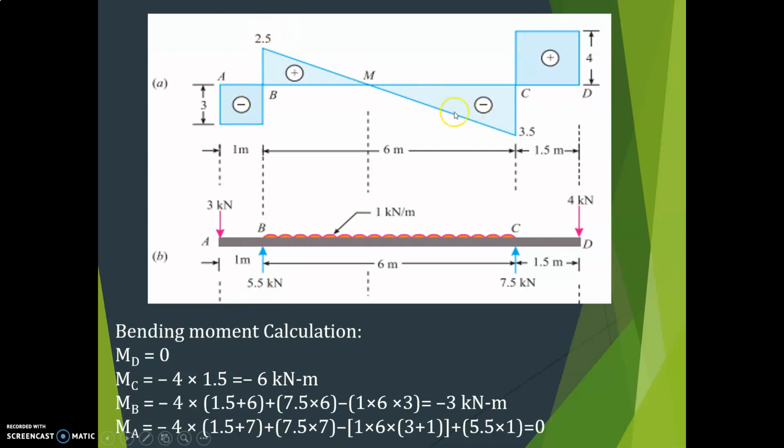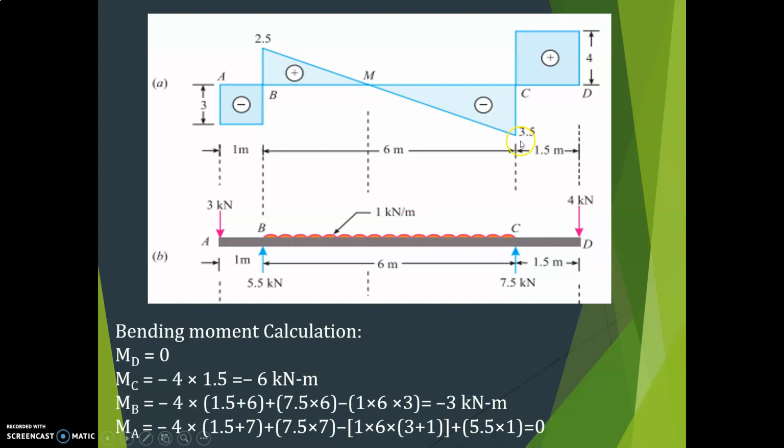Then between B and C there is an inclined line, so that is a UDL. UDL means 2.5 plus 3.5 divided by 6, so 6 divided by 6 is equal to 1 kilonewton per meter.